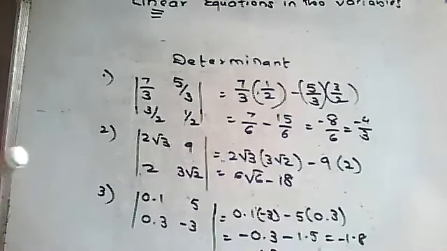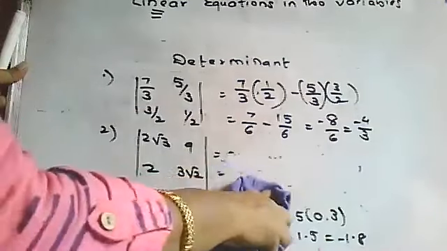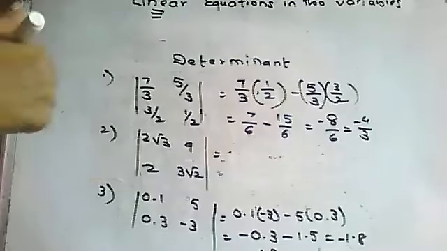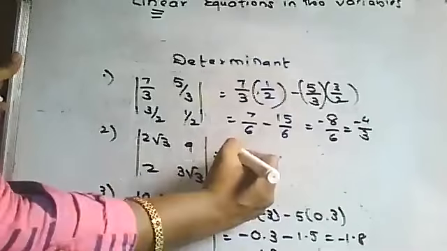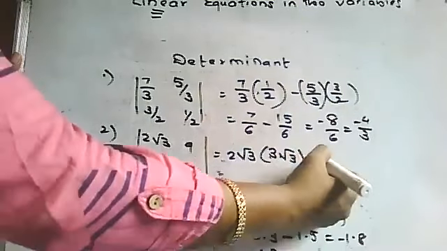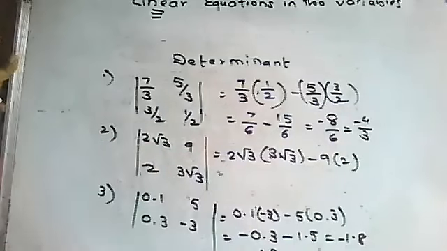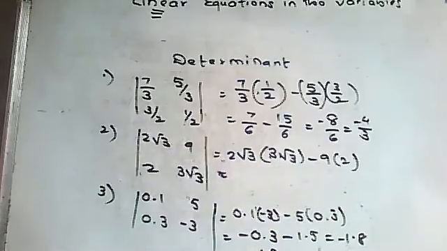Here I will just change one number in the second sum itself. If I'm taking root 3 only here, then how it would be: 2 root 3 into 3 root 3 minus 9 into 2. Here root 3 into root 3 I'm multiplying first.